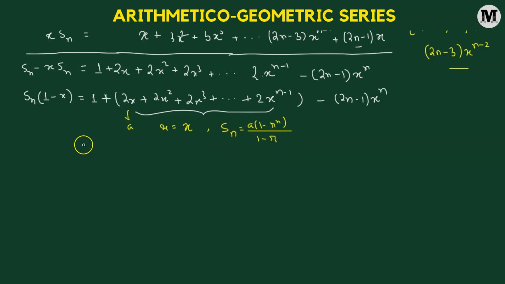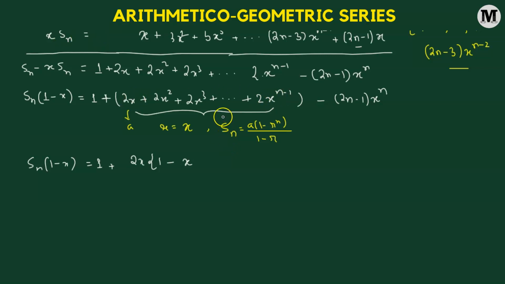So in our case, let's write it down. So we have here Sn multiplied to 1 minus x. This is going to be equals to 1 added to, now what's the first term? So that's 2x. 2x is now going to get multiplied to 1 minus the common ratio x. Now here we have to be slightly careful. Now the first term is not starting from 1, so that means in fact there are a total of n minus 1 terms.